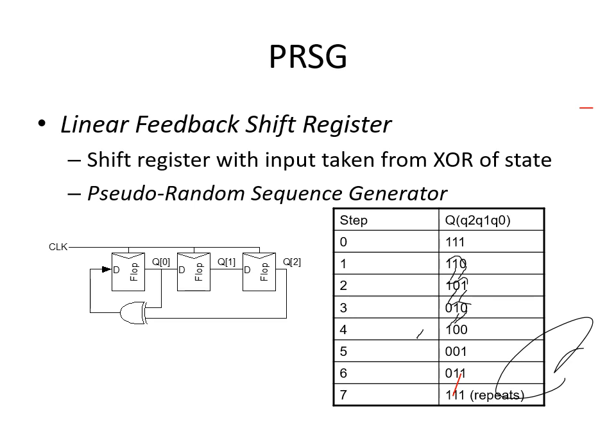Suppose now the first sequence is 1 1 1. Then for the next clock pulse that is applied, the sequence becomes 1 1 0. So how 1 1 0 is obtained, let us see. Here Q2 is 1, Q1 is 1, Q0 is 1.